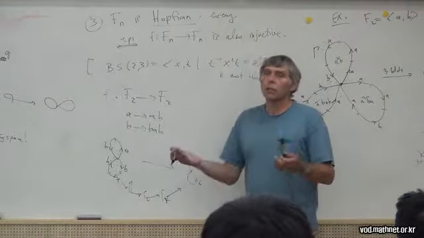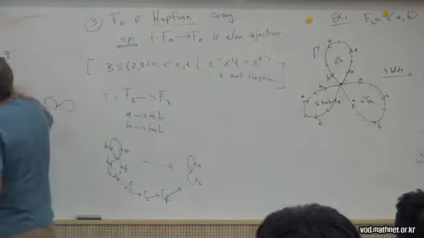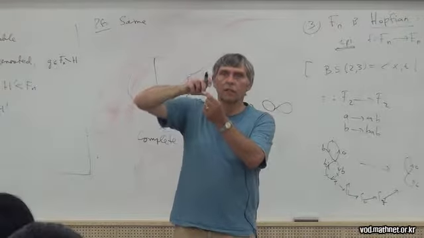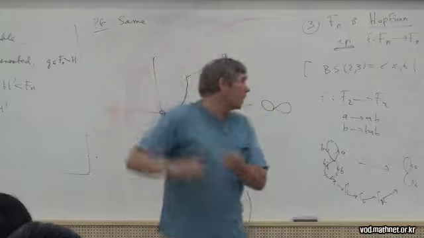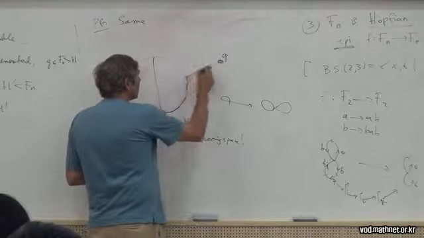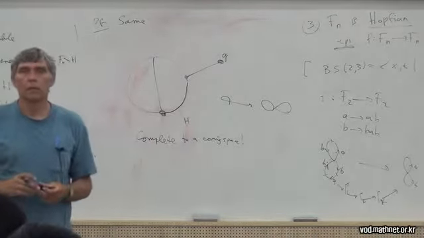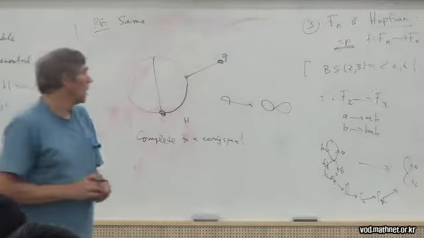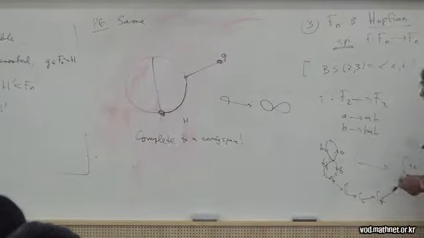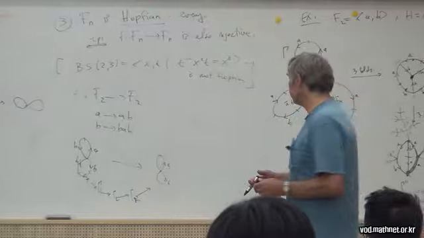Or it could be that it's not even a covering map. But then there are elements that are missing, because you can go to the place where the outgoing edge is missing, and that gives you elements that are not in the subgroup. So if you have an immersion that is not a homeomorphism, then the image in pi 1 is not the whole group. It's not onto in pi 1.